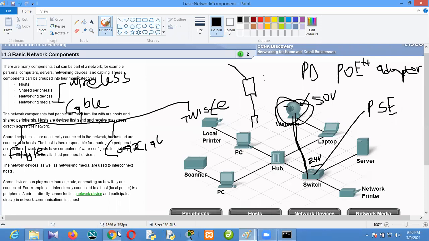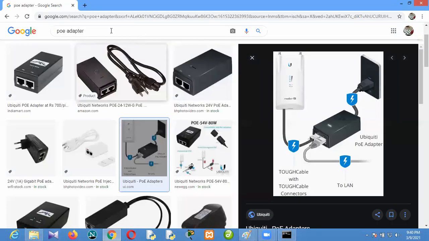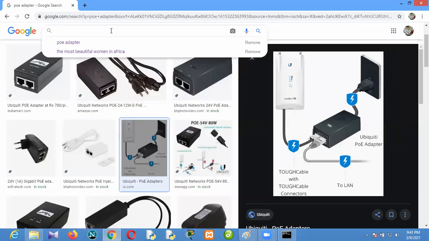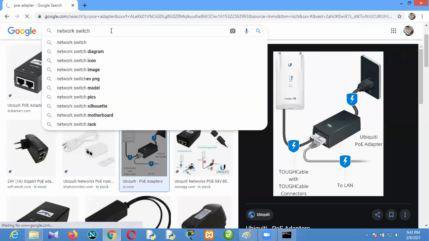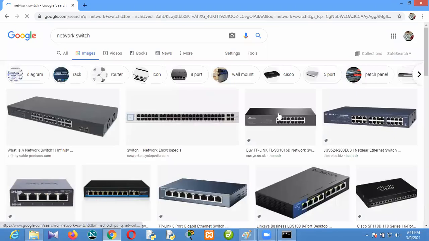Now I wanted to show you too what a switch is. Like network switches. So this is the way a switch looks.